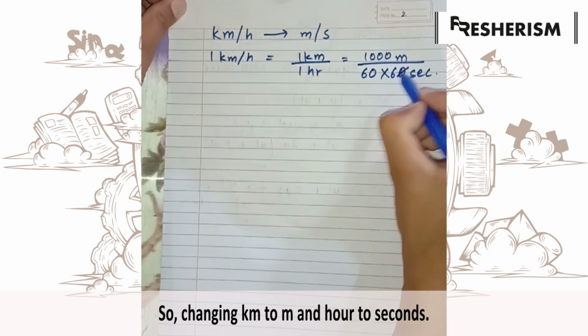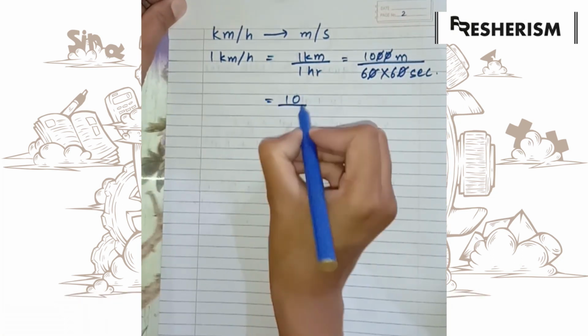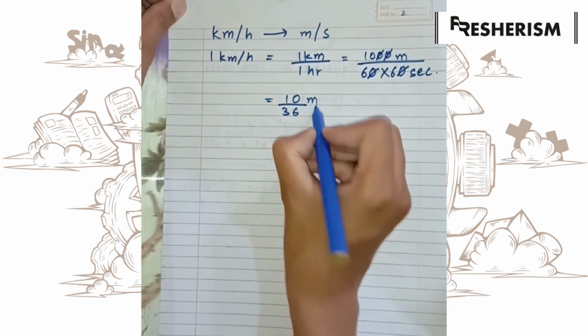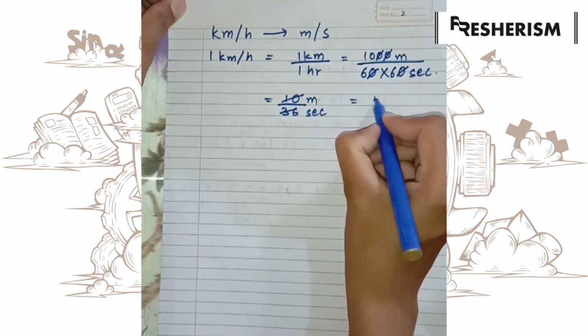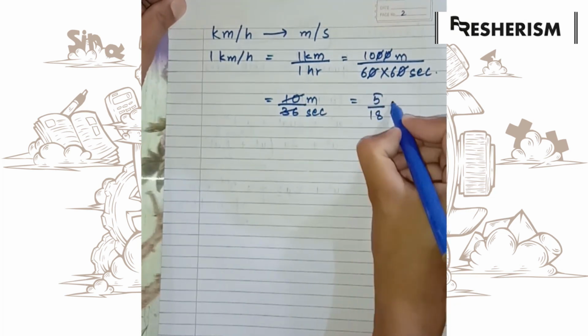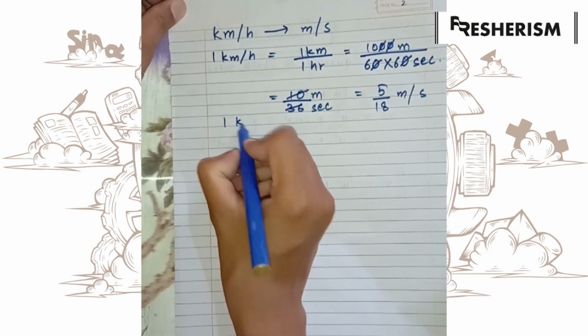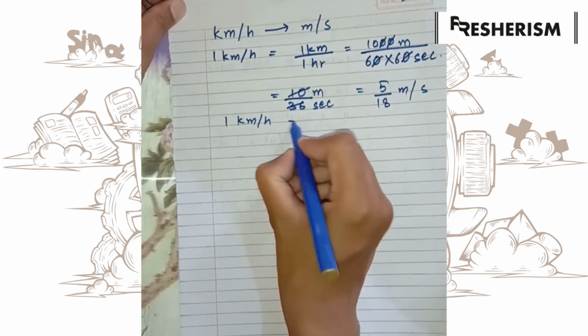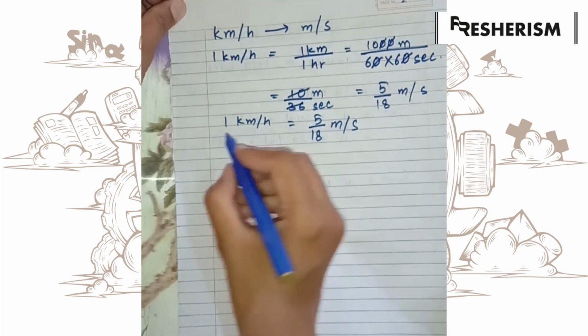So we will cancel out the zeros over here and we get 10 divided by 36 meter per second. On dividing it further, we'll get 5 by 18 meter per second. That is 1 kilometer per hour is equal to 5 by 18 meter per second.